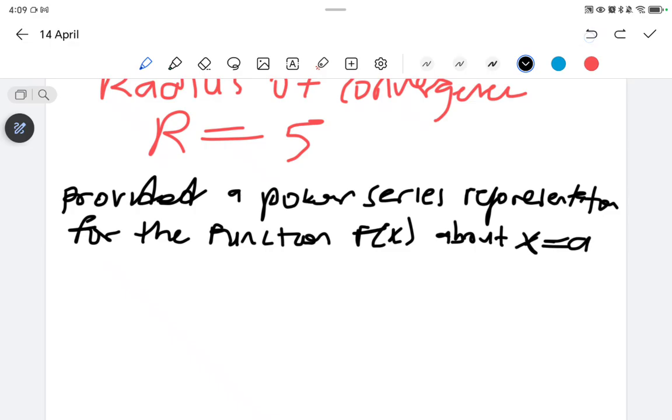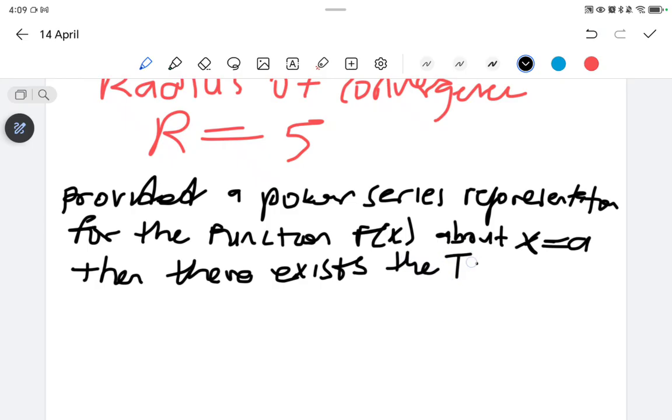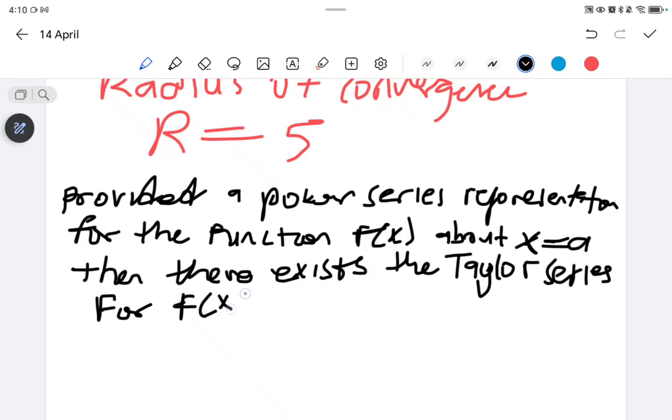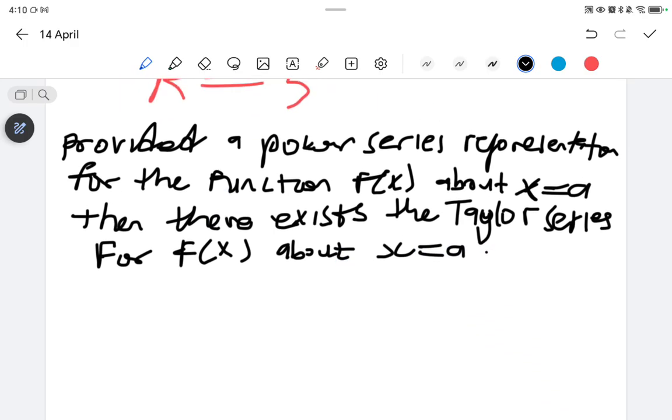then there will exist a Taylor series for f of x about x equals a, and that is like this.